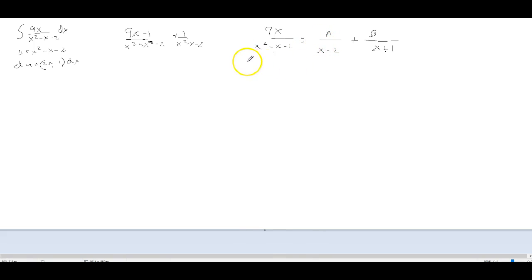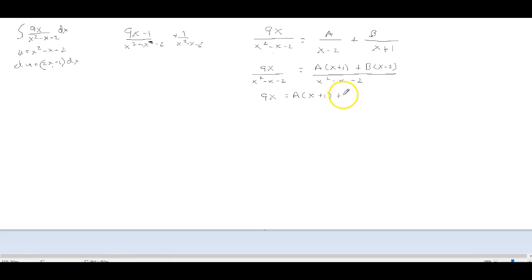I remind myself that if I multiply my bottoms across the tops, I'm going to end up with 9x over x squared minus x minus 2 equal to (A times (x plus 1) plus B times (x minus 2)) all over x squared minus x minus 2. Now note the bottoms are always going to be the same if I factored correctly. So I don't even have to worry about the bottoms, because they are always going to be equal to each other. I simply have to worry about the tops being equal to each other.